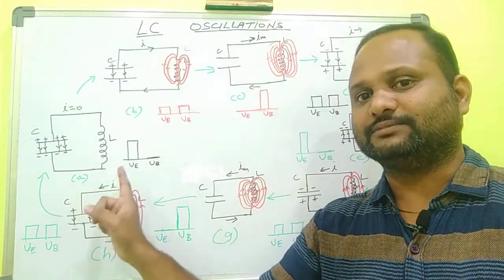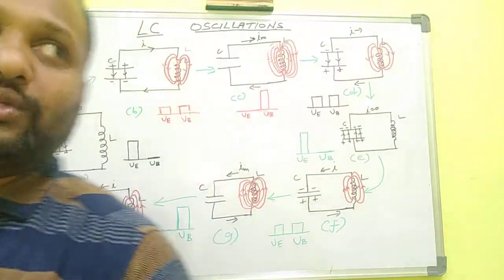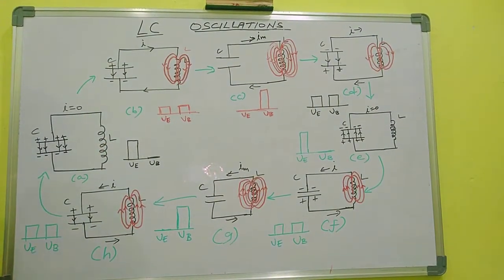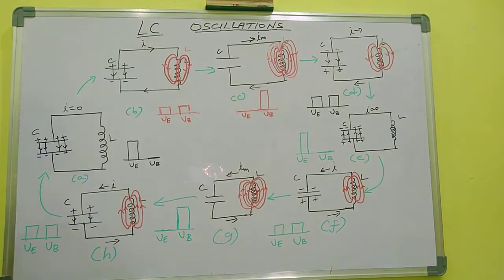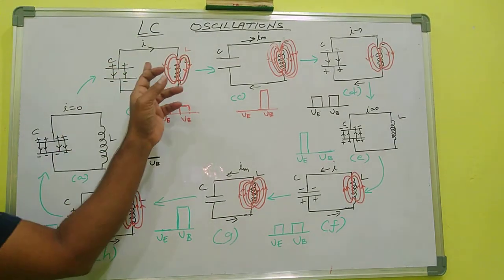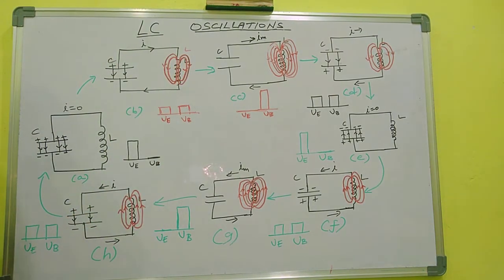Okay, in the first step. Okay, in step 2, the capacitor begins to discharge. Here the capacitor begins to discharge. So the charges are moving. As a result, there is a current passing through the inductor.